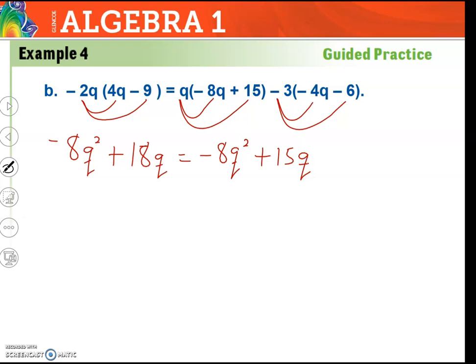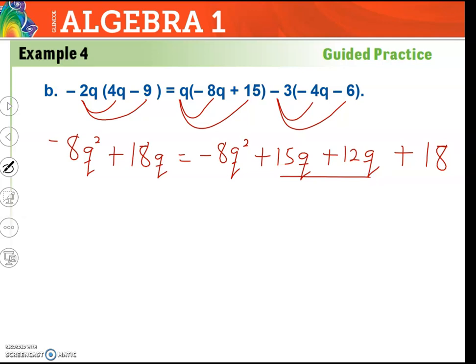Then we move to the next one. We have negative 3 times negative 4 gives us positive 12q, and negative 3 times negative 6 gives us positive 18. Good. Now we group our like terms as well. We can see that 15 and 12 can be added together.